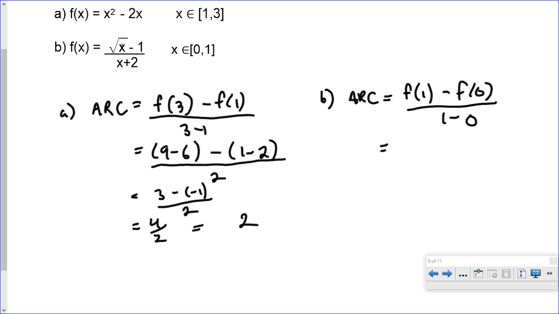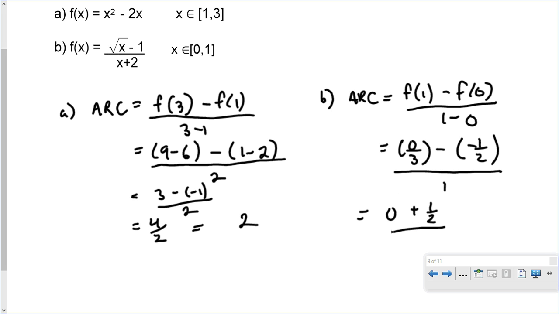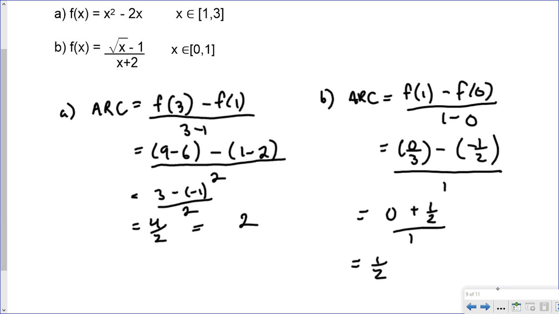So f at 1 would be 0 over 3, and f at 0 would be negative 1 over 2, and that's all over 1. So basically I've just got 0 plus a half over 1, or 1 half. The slope of my secant line between the points 0 and 1 is 1 half. The average rate of change is 1 half.